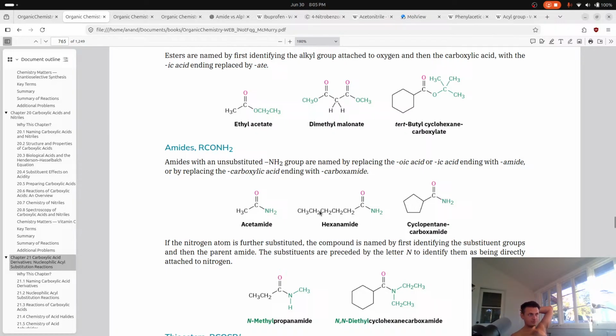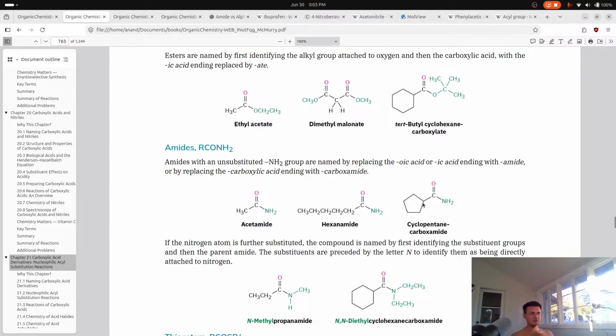What do we have here? 1, 2, 3, 4, 5, 6. So this one is going to just be called, so we have hexanoic, which turns into hexanamide. Hexanamide. Okay, that's cool. Now this one's probably weird.